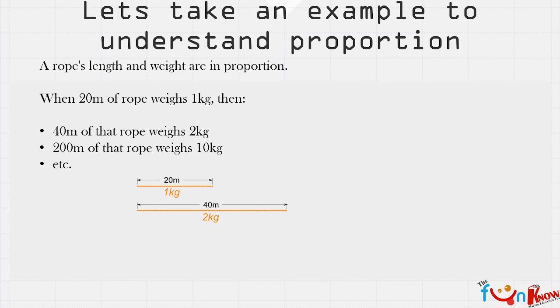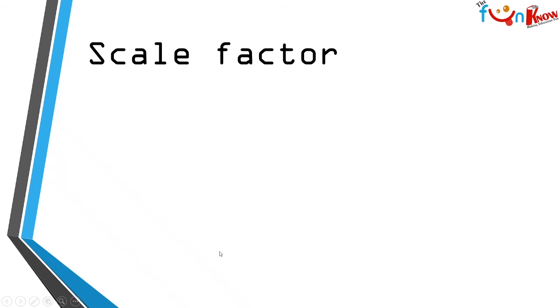So if it is 20 meters and 1 kg, then it will be 40 meters and 2 kg, because if we double the length, the weight will be double. As per that example, if the length is 200 meters, then the weight will be 10 kg. So have a look over here, students: 20 divided by 1, and if we double the weight or the length, then it will be 40 divided by 2.